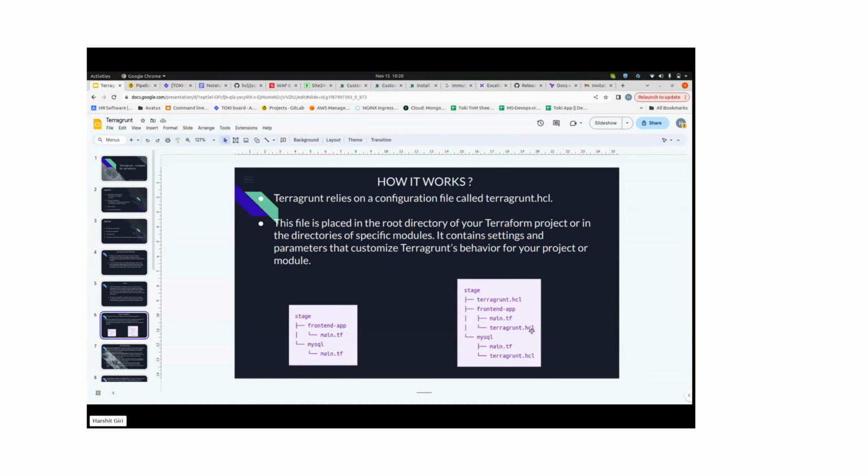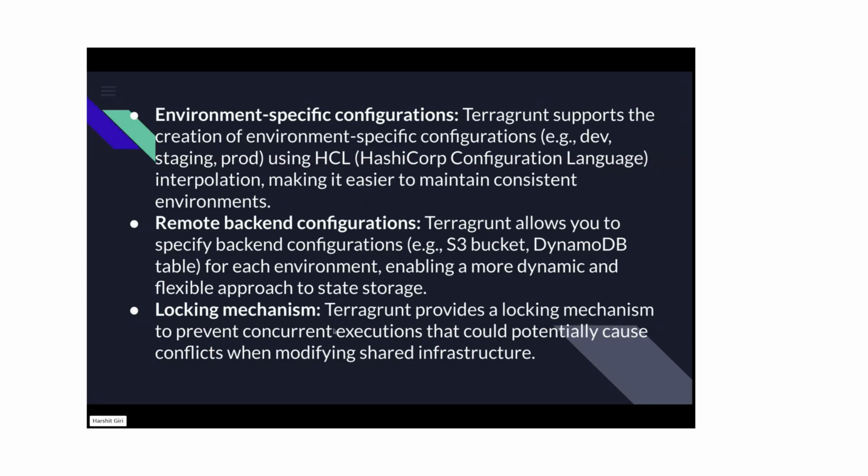The HCL language helps us with that, and that's the key feature why we are able to reuse a specific root HCL file in different modules. Then again, remote backend configuration that I told you about. And another thing is the locking mechanism. I would explain this locking mechanism after the practical so that you have a better understanding of how the locks are created and how Terragrunt manages the lock locally.